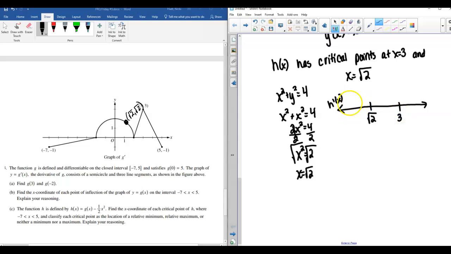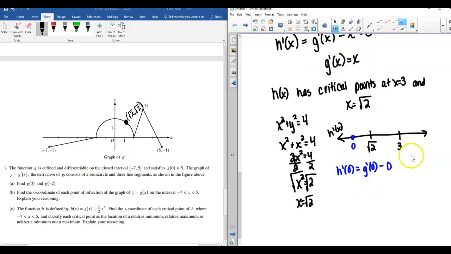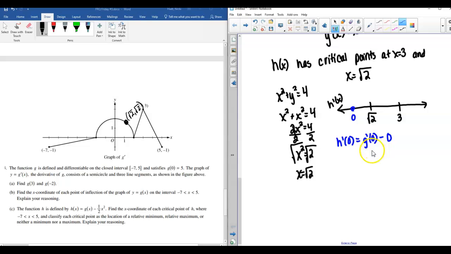If we pick a number over here less than root 2, like 0, and find h prime of 0, we would have g prime of 0 minus 0, because our h prime of x was g prime of x minus x. In this case, that would be 2 minus 0, which is positive. So in this section, I'm going to have a positive derivative.